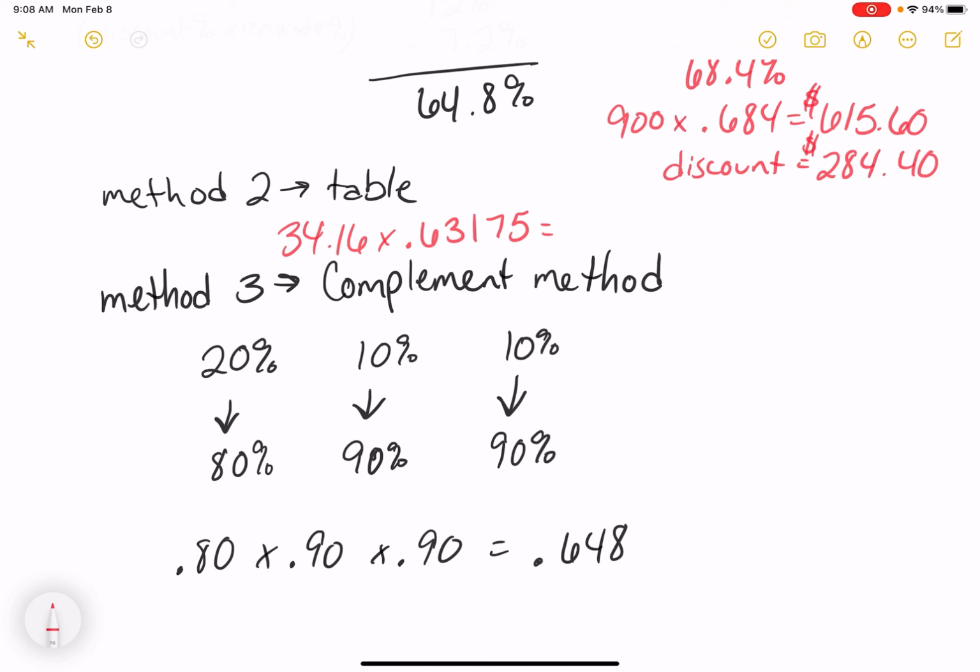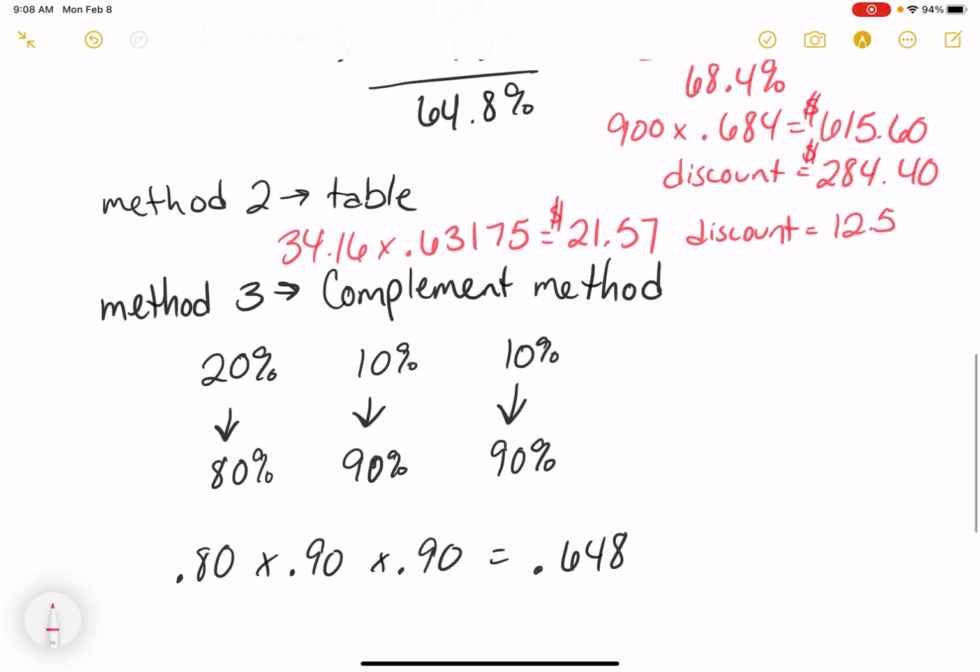How much is that? 21.57. Okay, so that's the discount price. How much is the discount amount? It's like 12.59.